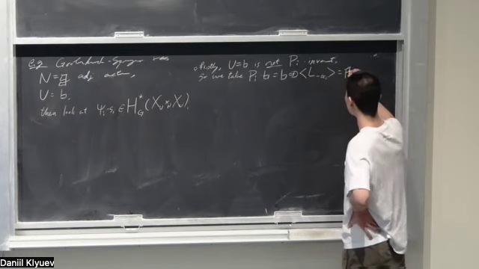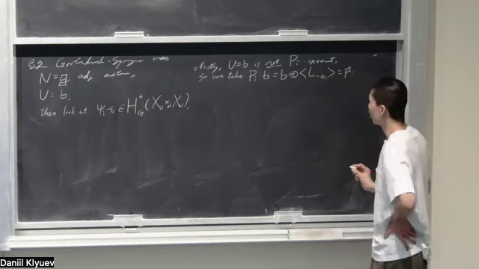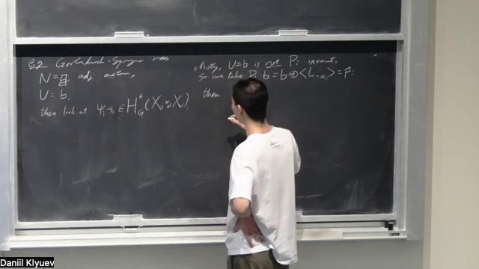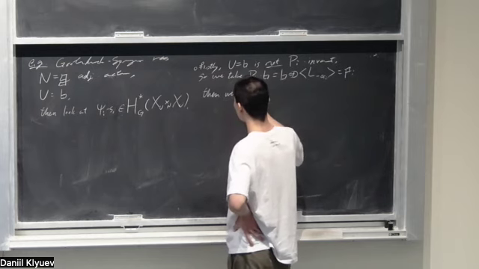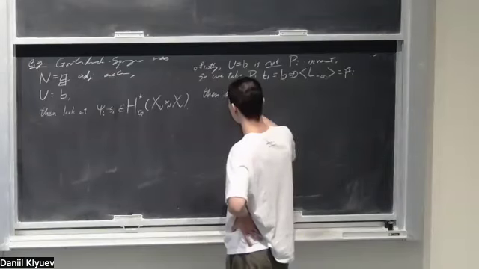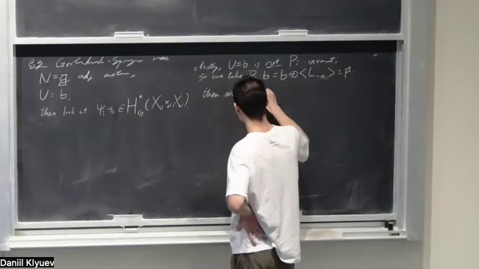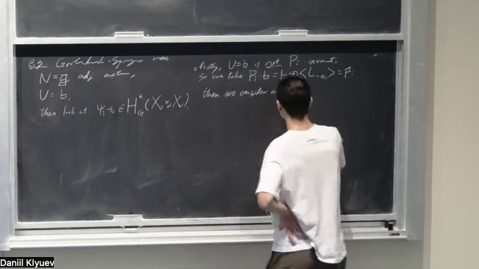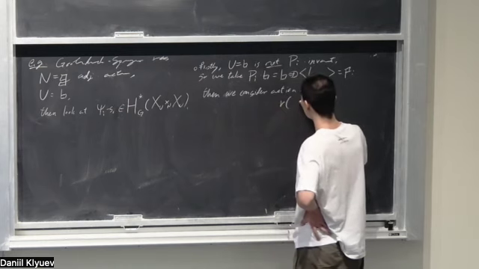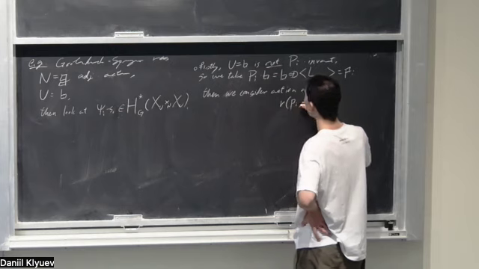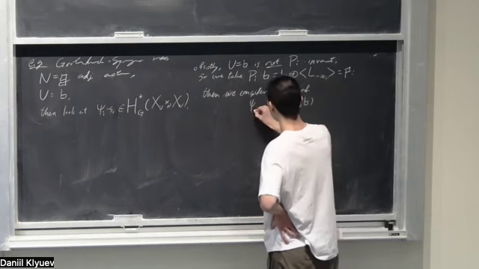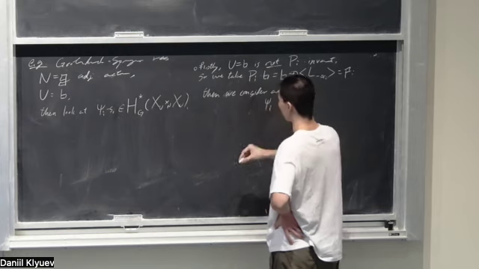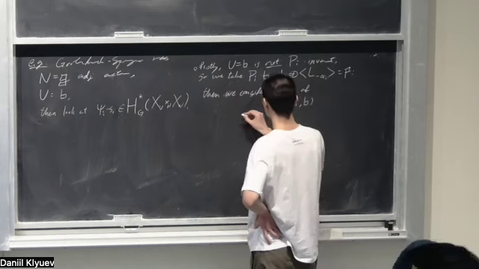Let's call this E_i. Then we consider the action, as I mentioned before, so we do R P_i B psi, let's call it psi_i. There's only one U, so no need to distinguish.